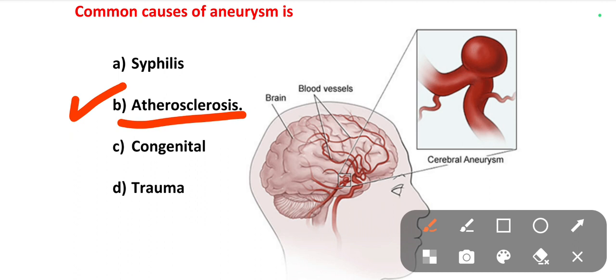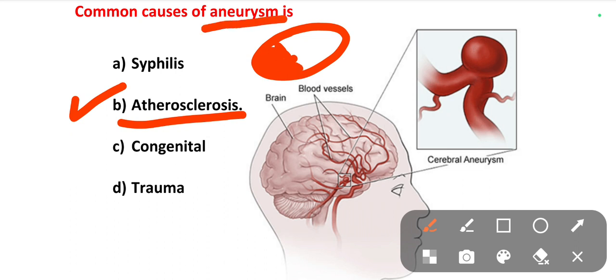Atherosclerosis is nothing but formation of fat deposition in the blood vessels, whether it is artery or vein. So for example, if it is a blood vessel, the fat will be deposited here. This is a common cause for aneurysm.